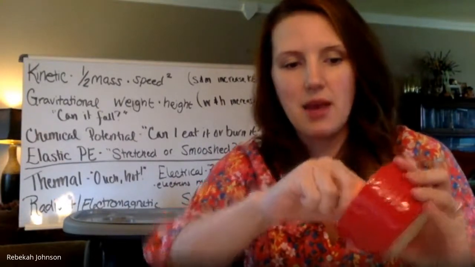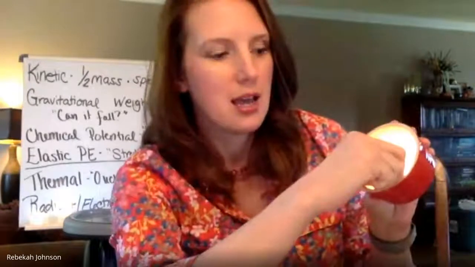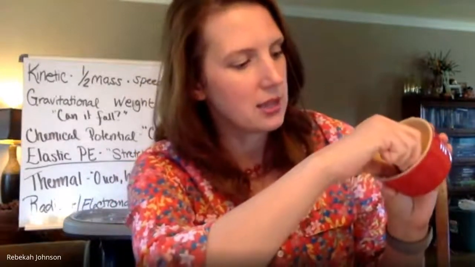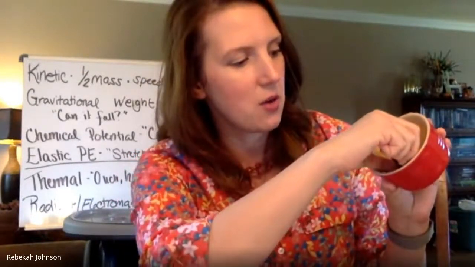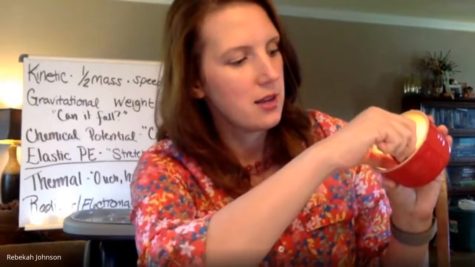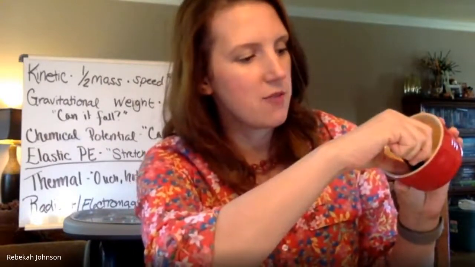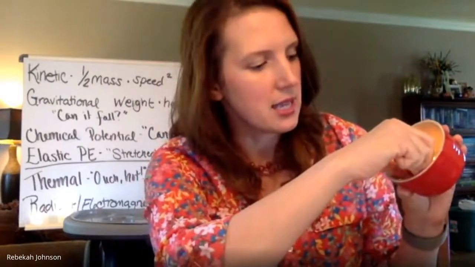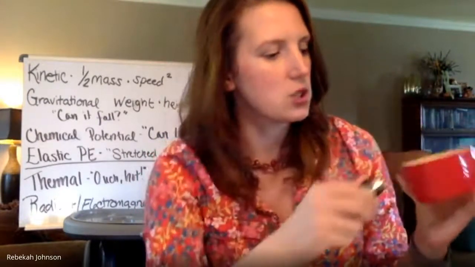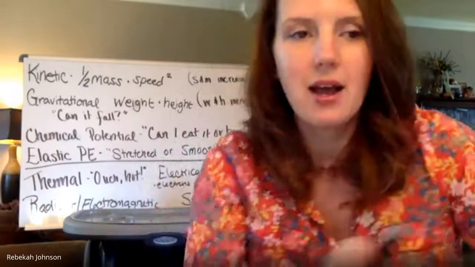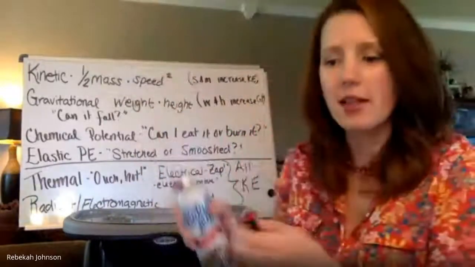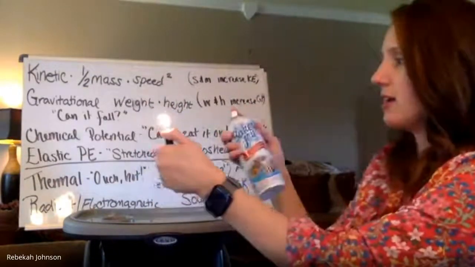Yes. And as you see, I have just kind of a burning lump of sugar and oil going on here. So I know that if I'm looking at food and at fuels, that's where I'm going to see my chemical potential energy going. Fuels like propellants that we might find in sprays.